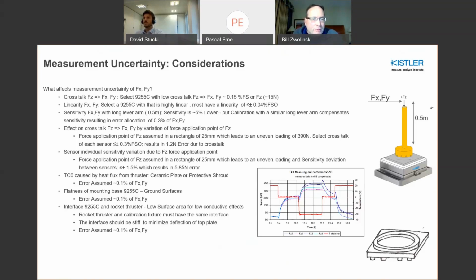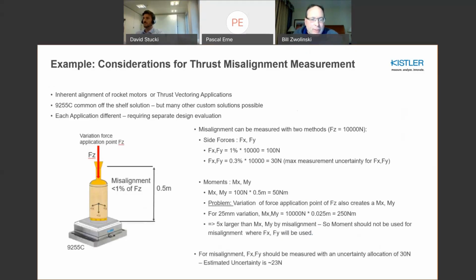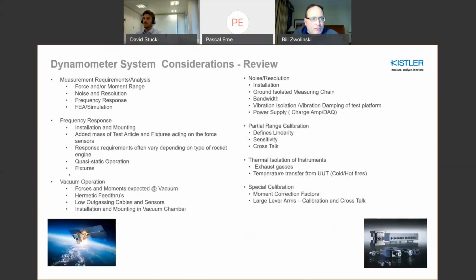So what we did by this calculation is we were able to get to about a 23 Newton uncertainty, where our budget was around 30 Newtons. So that was definitely within the budget range that we established. Just as a summary here, and I know I'm a few minutes late, sorry for that. Anyway, we went over a lot of topics in part one and part two.